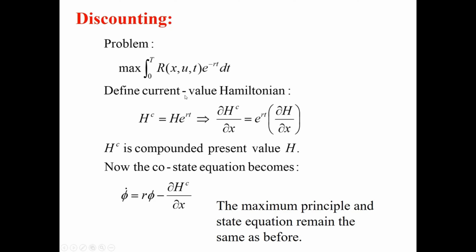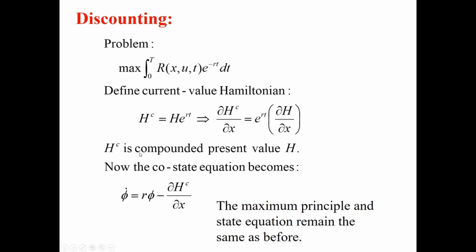In this case, what we do is we define a current value Hamiltonian, H^C, and we'll drop that C in the future, which is the Hamiltonian that we've worked with till now, multiplied by e to the rT, which implies that the first derivative of that current value Hamiltonian with respect to the state variable is equal to e to the power rT times the first partial derivative of the Hamiltonian with respect to that state variable.